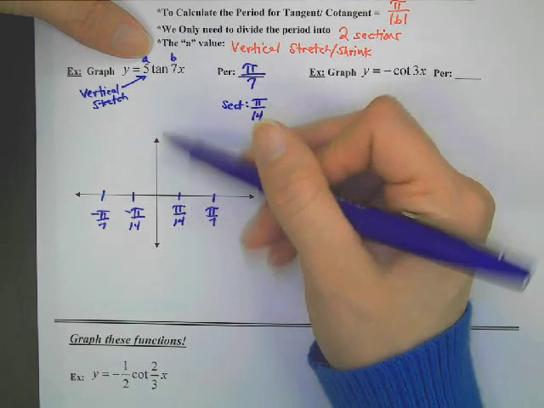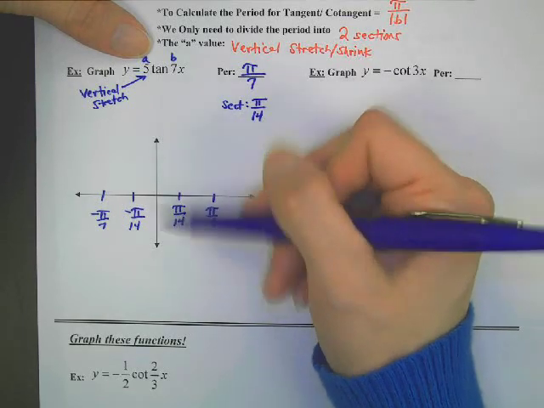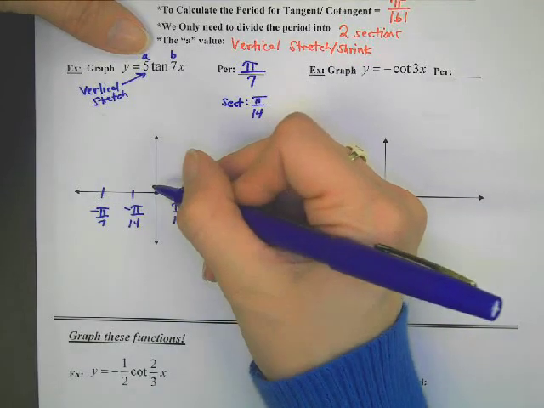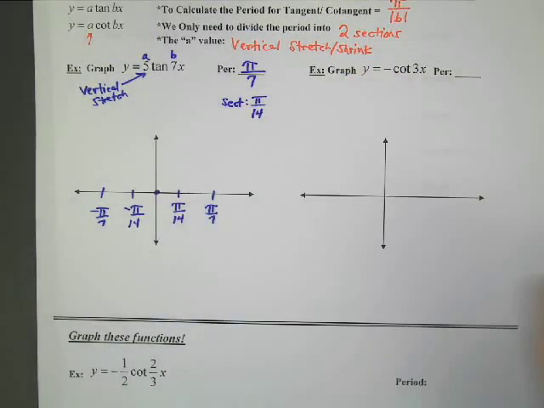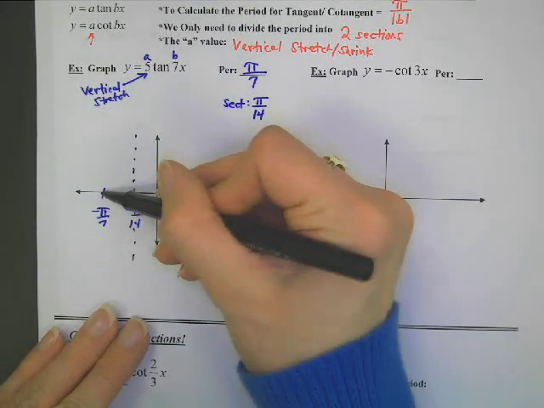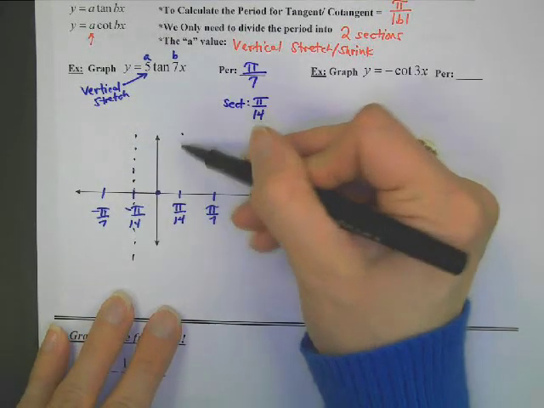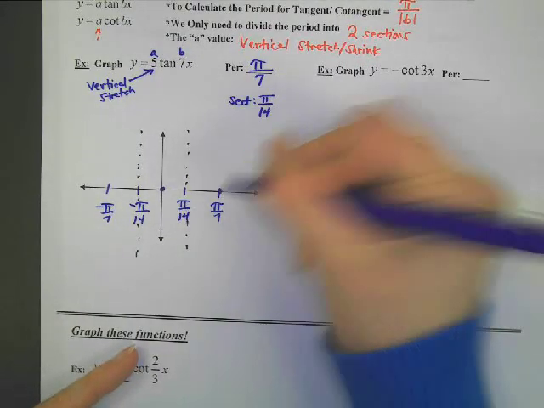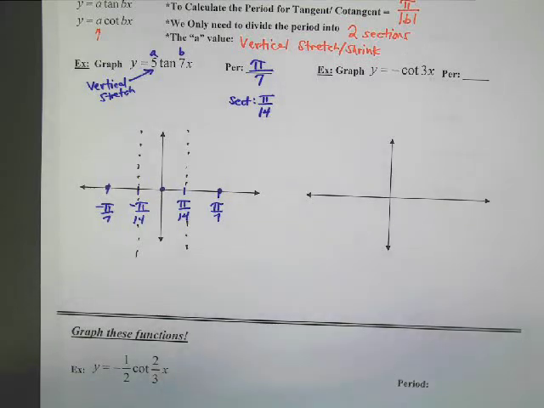On the y-axis, tangent is going to start with a point. And that means it's got asymptotes on either side of that. So it goes point, asymptote, point, asymptote. That's how it works. Okay? If you know how it starts, then you just alternate the pattern.